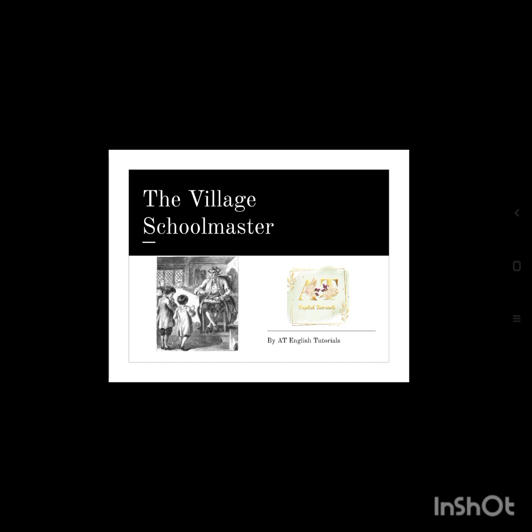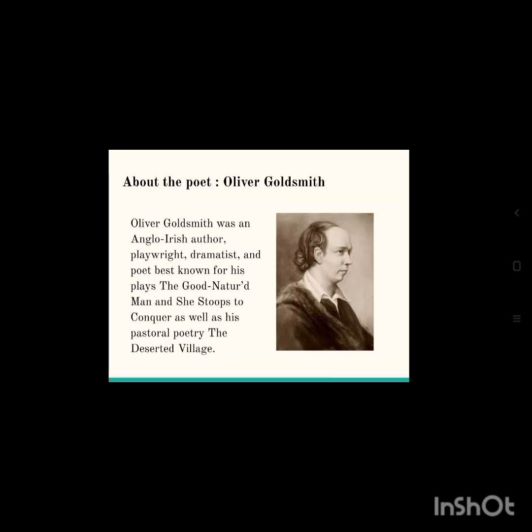This poem is written by Oliver Goldsmith, so let's know about him. He has written this poem for his teacher, and we'll know the teacher also. But first, let's know who Oliver Goldsmith was.